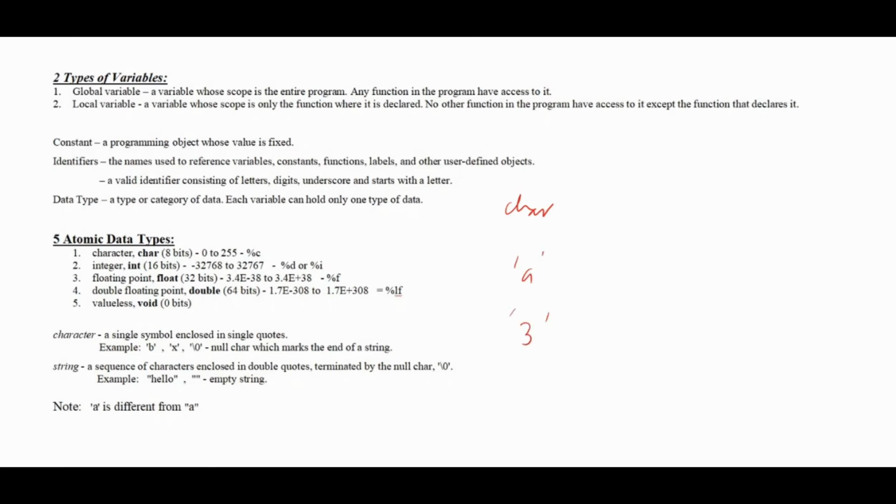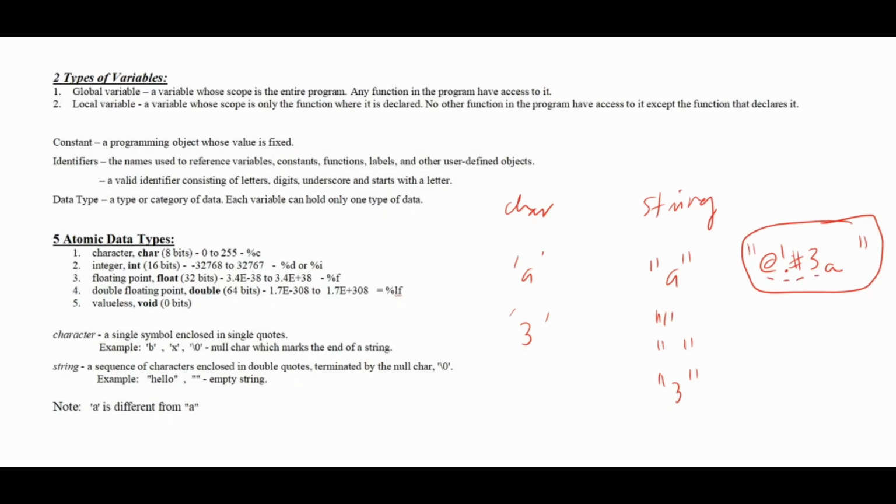This is a character, while strings are this, empty or with one space, or this, or that. Okay, that is one string, and it has 1, 2, 3, 4, 5 symbols and a space, right?